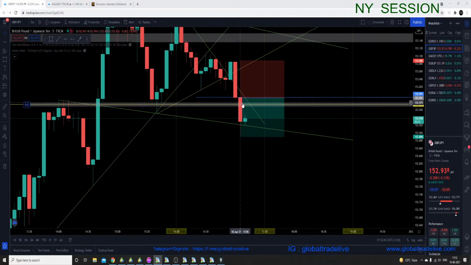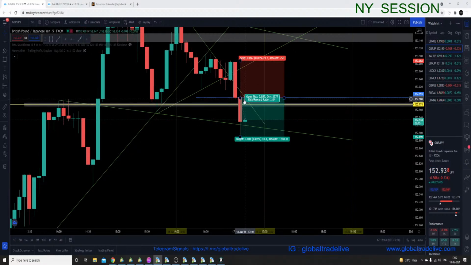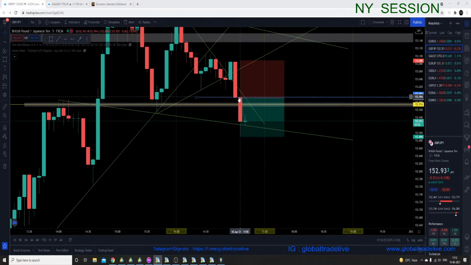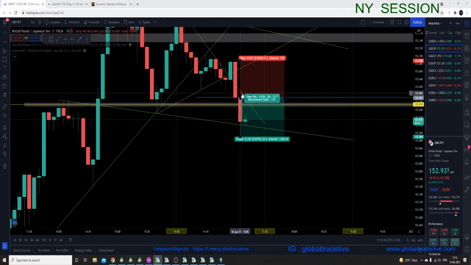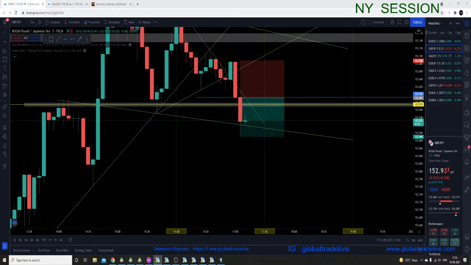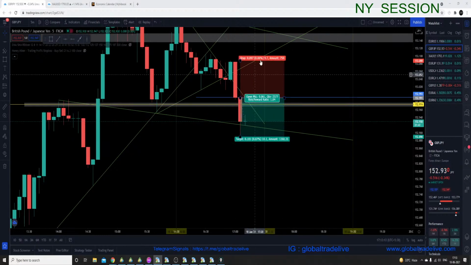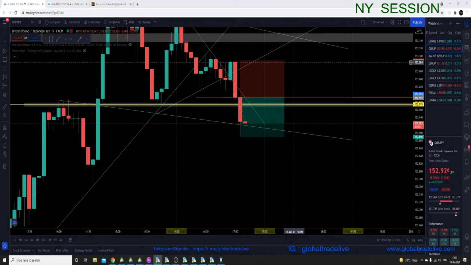So I'm gonna close half when it goes to my entry level, and if it goes to my entry level, that means it will be reaching the high of the previous candle, and it can easily break that. And if that high breaks, then this candle can move further up. Okay, so guys, here's the thing. I will be closing everything when it reaches my entry level, because once it starts to go up, there is a high chance it will keep going up.